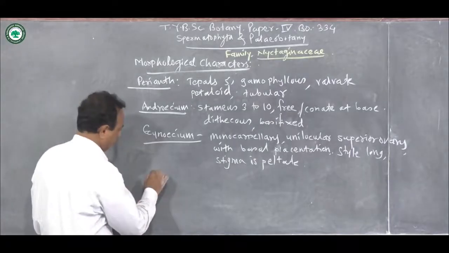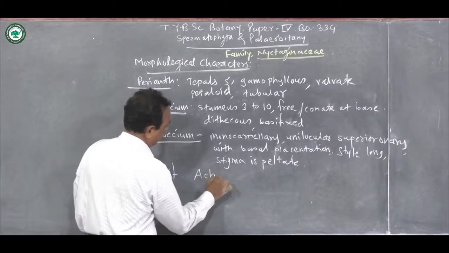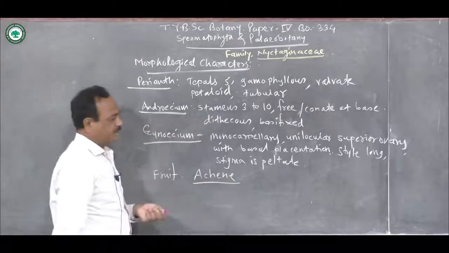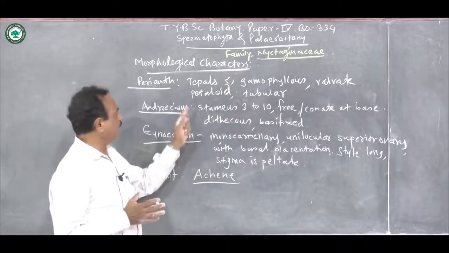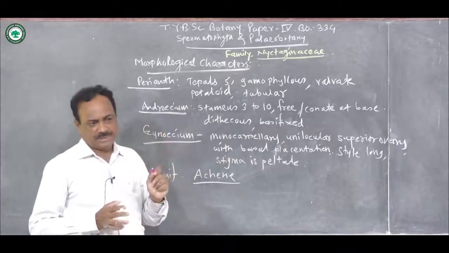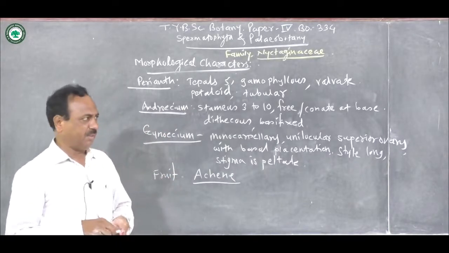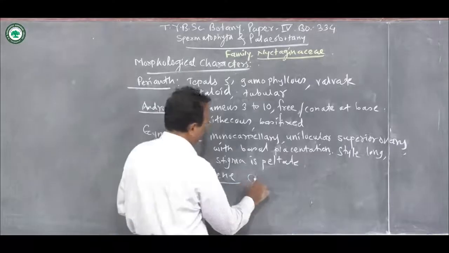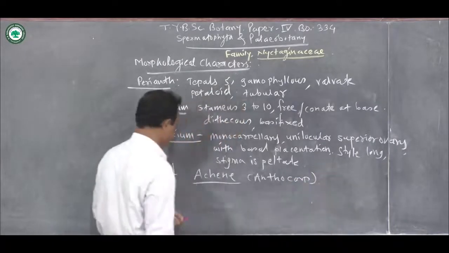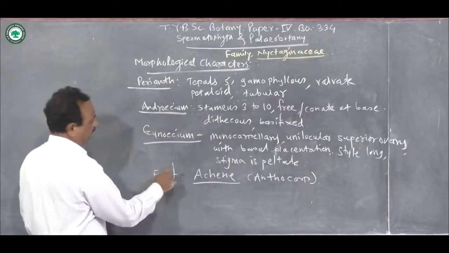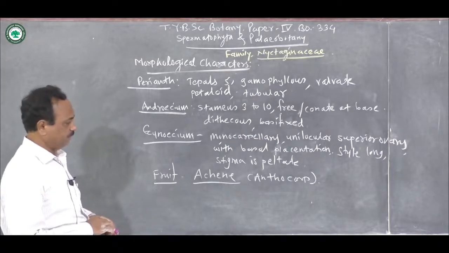If we see the type of fruit, it is the achene type. This fruit, as I told you, gets covered by the involucre of perianth lobes, and there is a formation of a false pericarp, known as the anthocarp. That is the false pericarp. And this is about the fruit, which is the achene type.